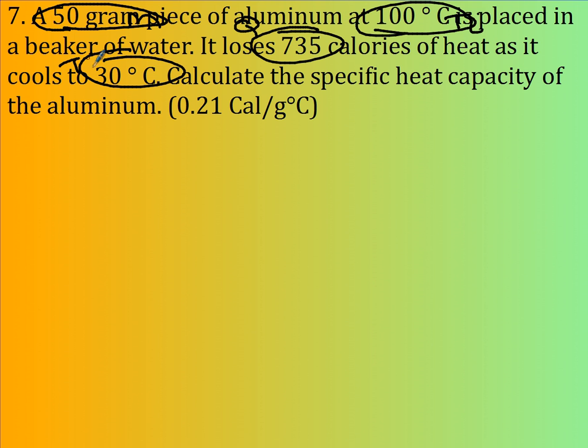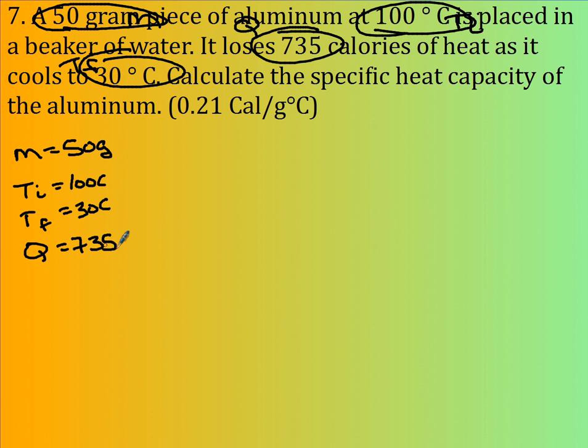And this is my final temperature. So let's see. M is 50 grams. T initial is 100 Celsius. I'm going to put T final here. Is 30 Celsius. And Q is 735 calories.